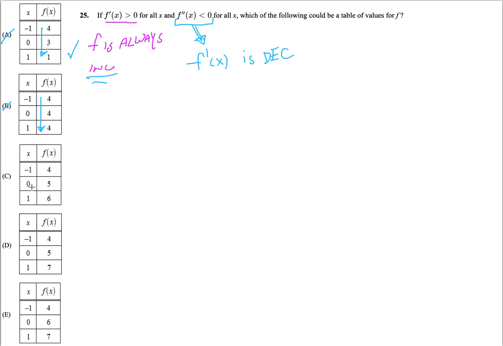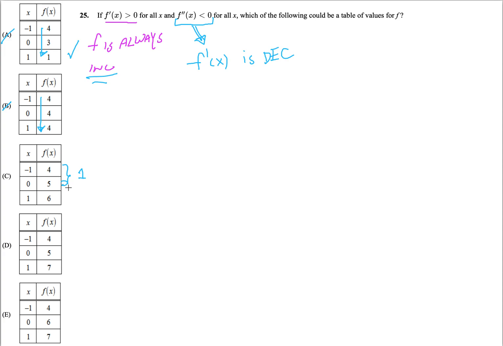If you look at C, as I go up 1 in x, what was the rate of increase for f of x? What's the slope of the secant line between these 2 points, negative 1 comma 4 and 0 comma 5? The slope would be 1, right? That's the rate of increase between these 2 points.